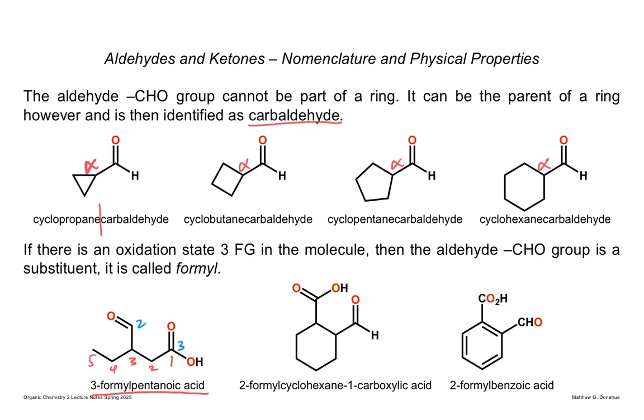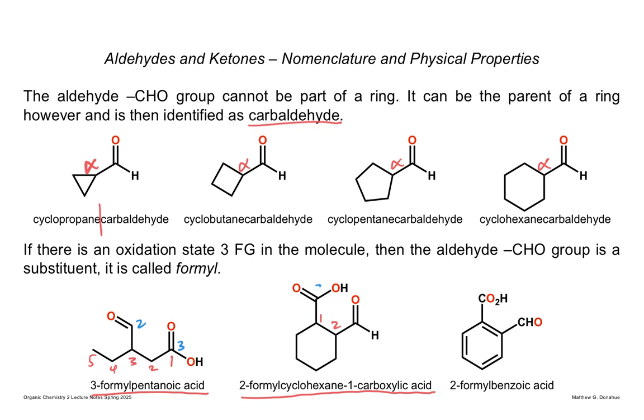So we can see that as well. We have 2-formylcyclohexane-1-carboxylic acid. And in that case, the ring is the parent because it has the most carbon, so that's the cyclohexane. And then the numbering in terms of the 1 and 2, since the acid is at the higher oxidation state, it's the parent.